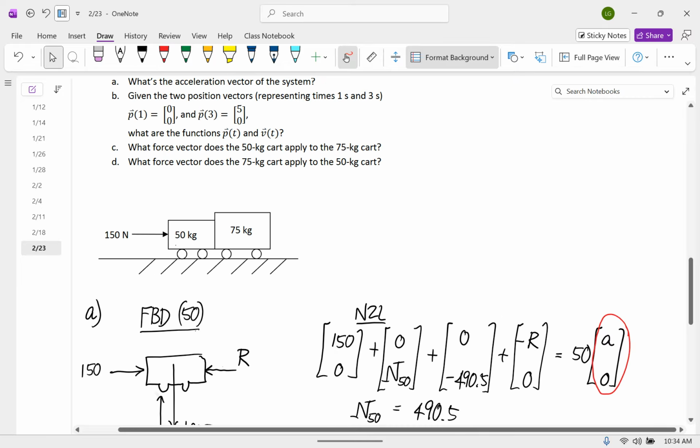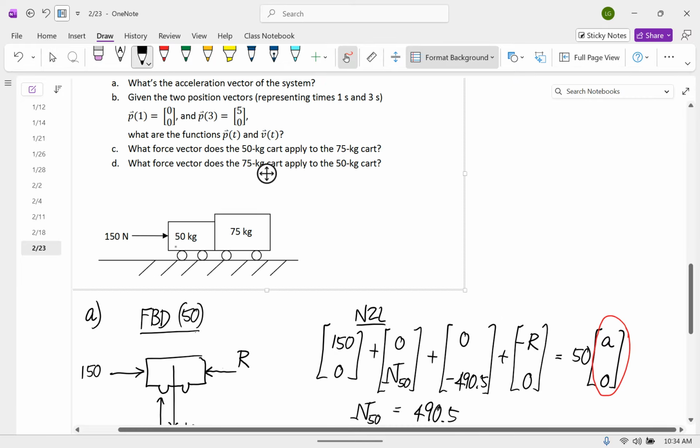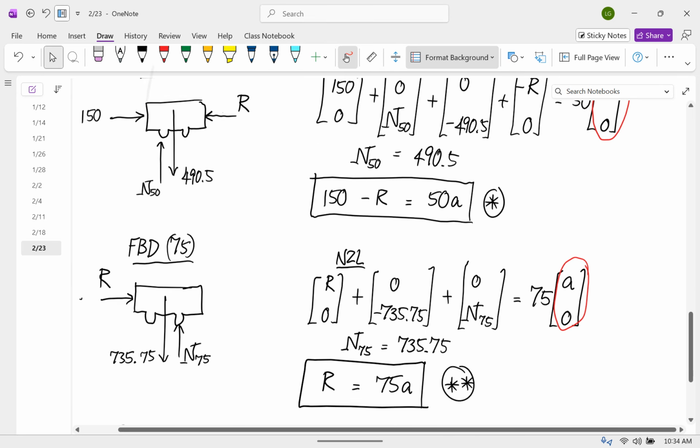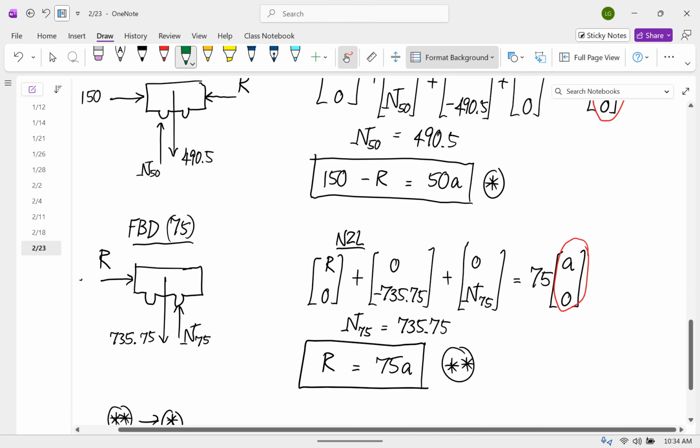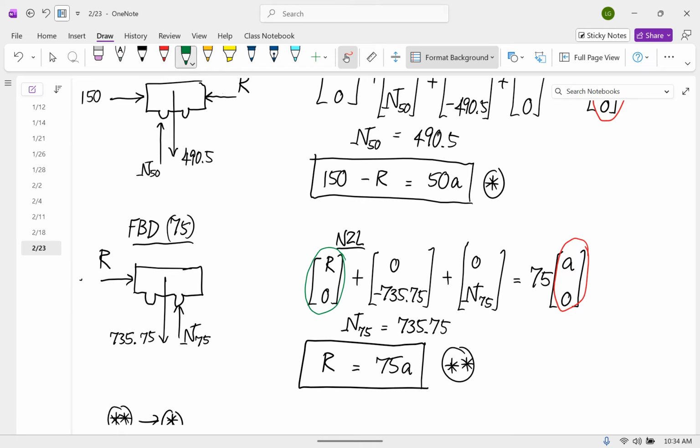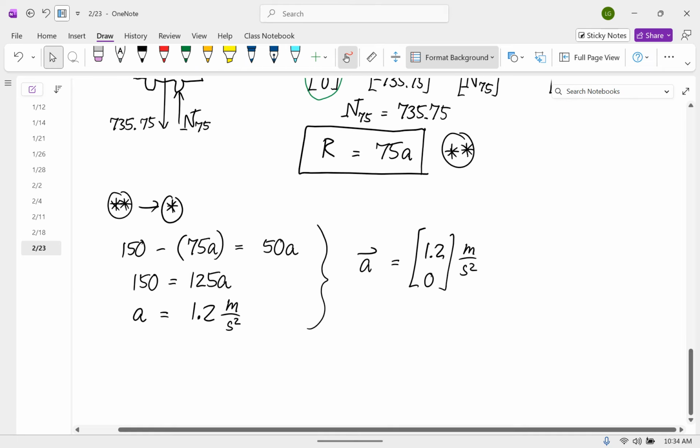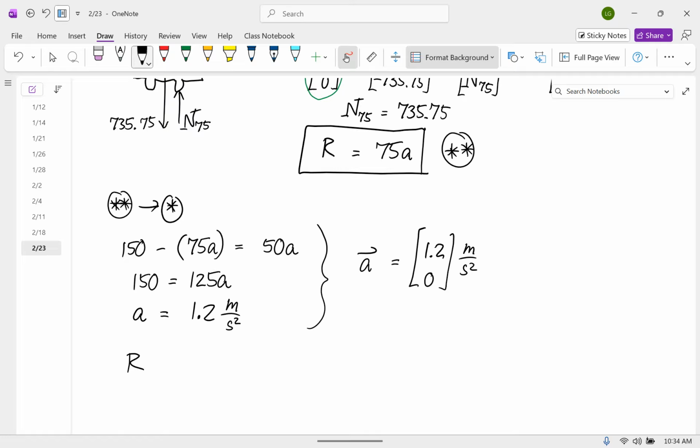And now for the force on the 75 by the 50. Well, this is the force on the 75 by the 50. We just have to plug in the R value we got. Oh, I haven't calculated R yet. So 75 times 1.2 is 90.